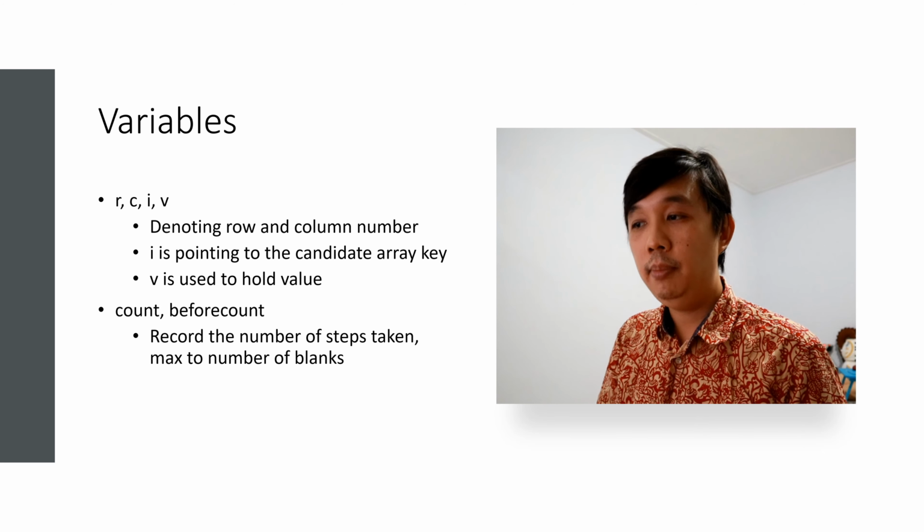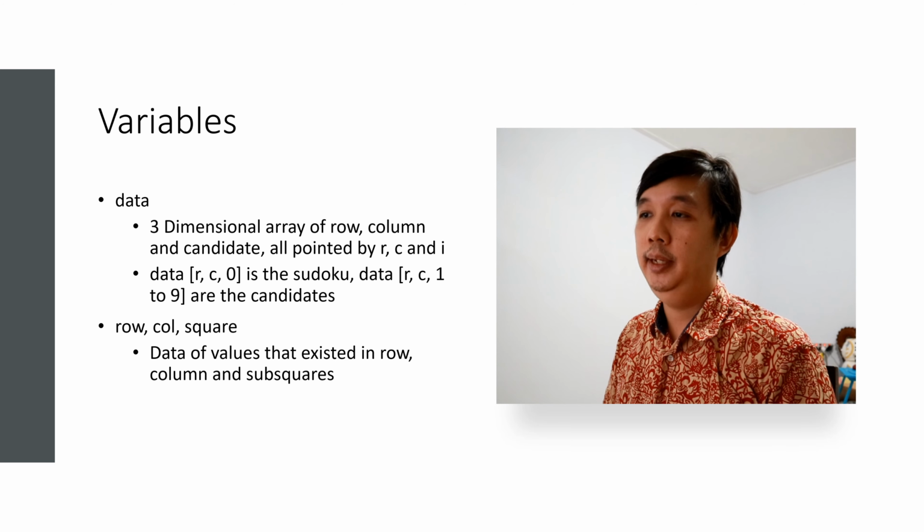So I have to compare count and before count. If count and before count remain equal after the algorithm runs, it means the sudoku cannot be solved by the algorithm. If count reaches 0, it means there are no more blanks. The sudoku was solved. Simple as that.